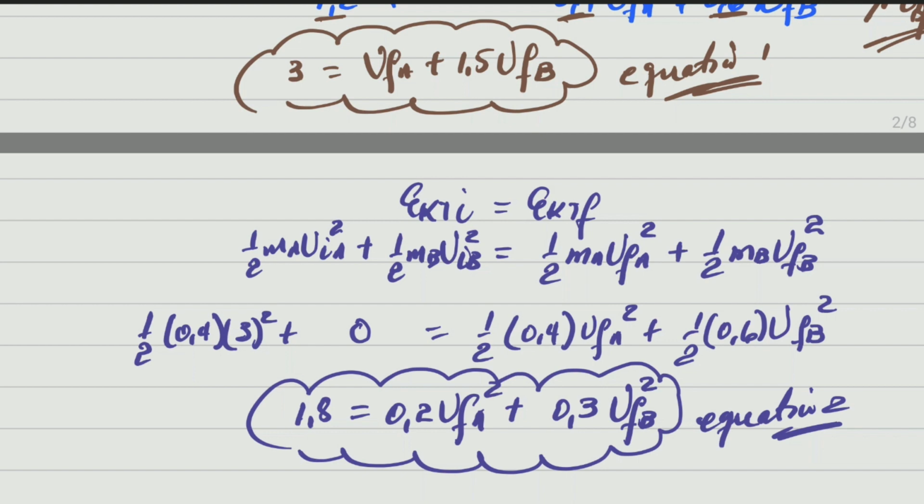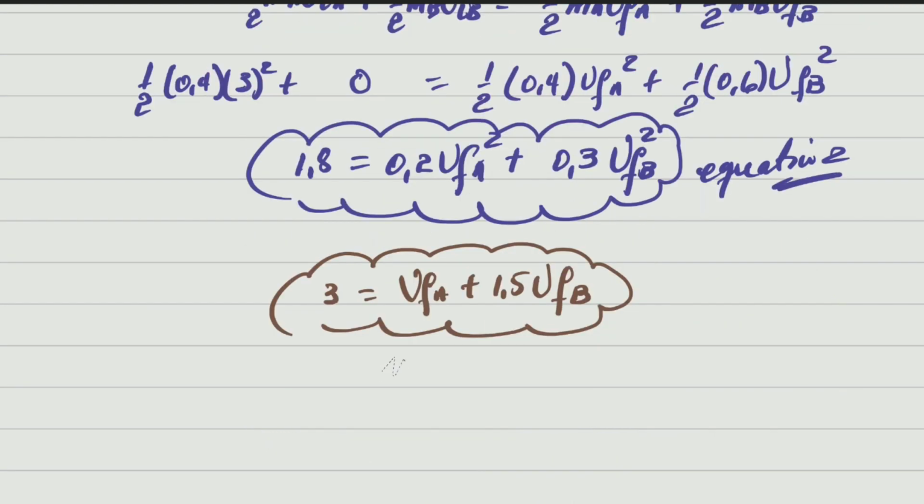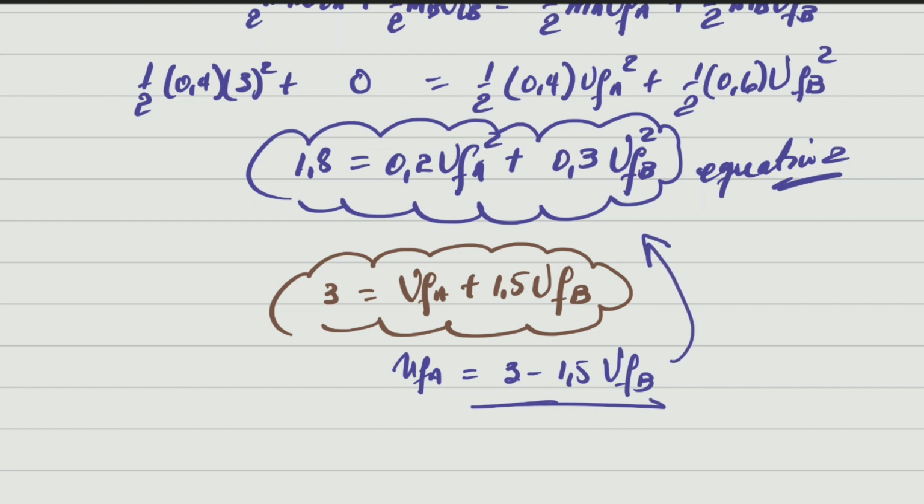So now we're going to work with those two equations. So if we arrange here for the final velocity A, we get that it is equal to 3 minus 1.5 final velocity B, and all we have to do is to substitute in that equation 2, which we are going to do real fast.